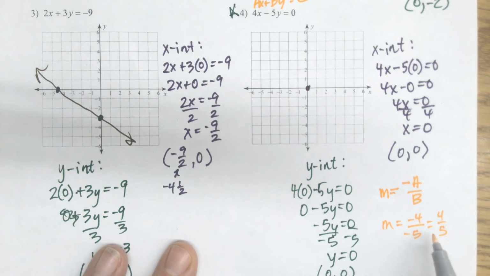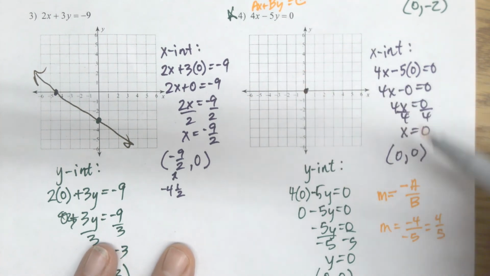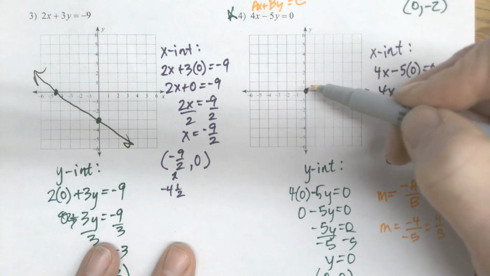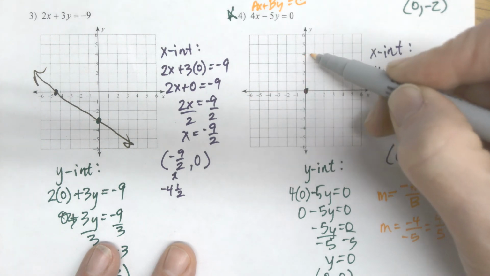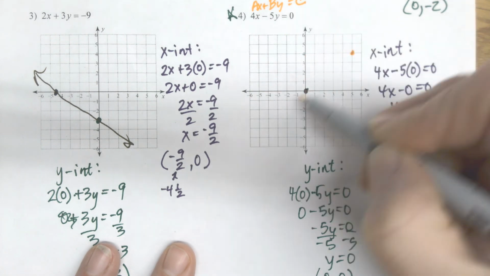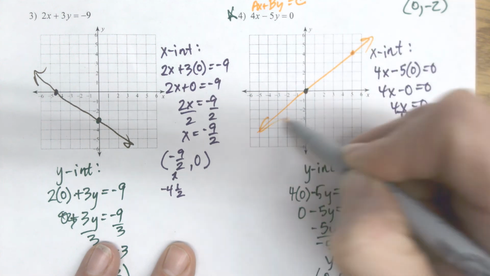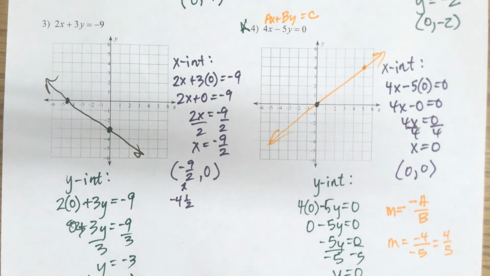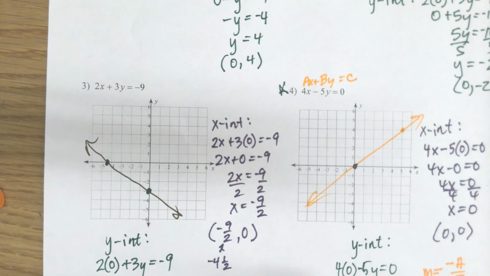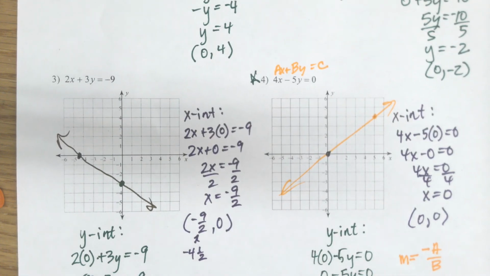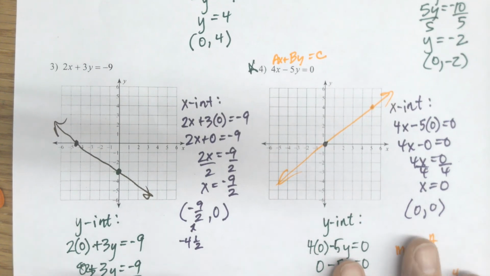Well, how does that help me? Because once I find a point on my graph, I can take my slope and use my rise over run, up 4, right 5, and then I have another point to create my graph. So again, x-intercept, y-intercept, another way to graph a line, kind of a nice way to do it.